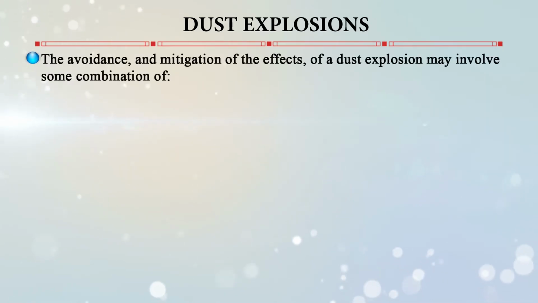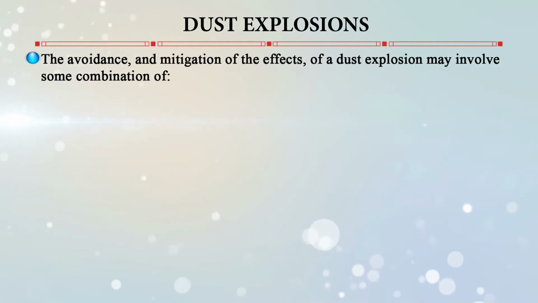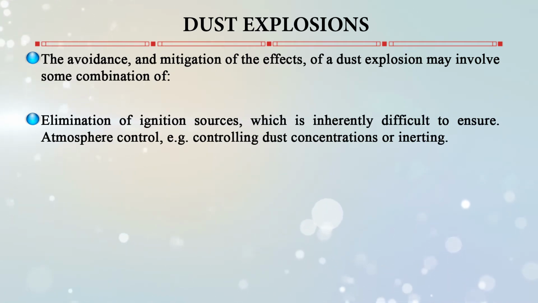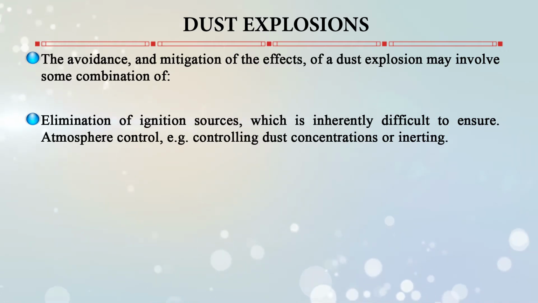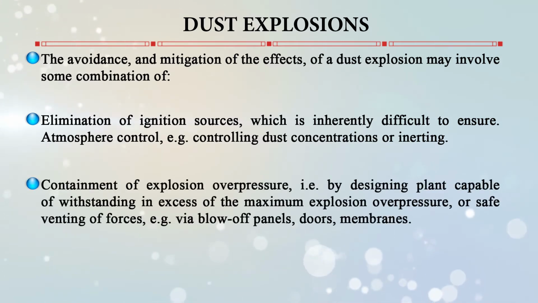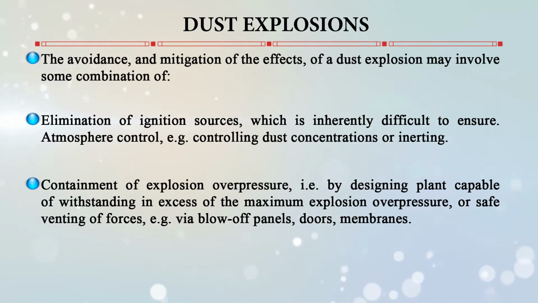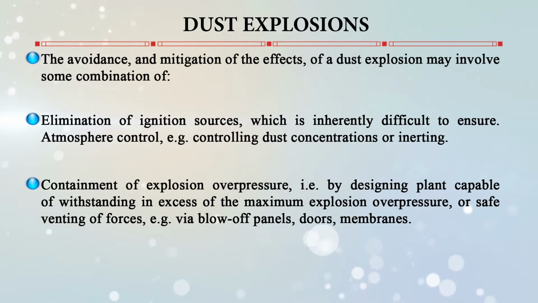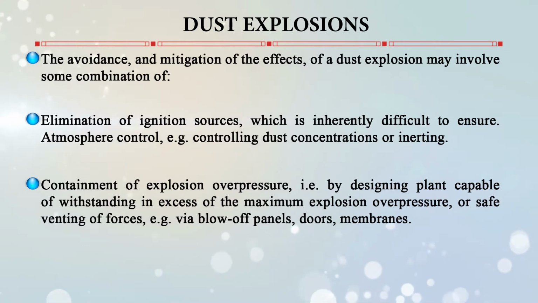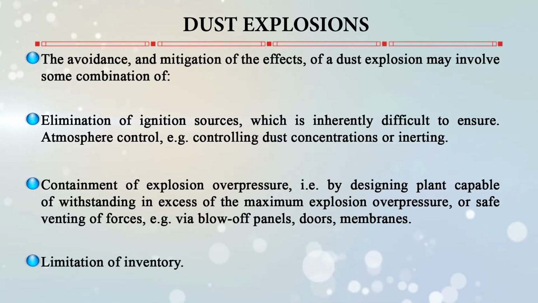For example, in dust explosions, the avoidance and mitigation of effects definitely involve some combination of the elimination of ignition sources, which is inherently very difficult to ensure, and then atmosphere control, like controlling dust concentrations or inerting the dust, and the containment of explosion overpressure, by designing plant capable of withstanding in excess of the maximum explosion overpressure, or safe venting of the forces through blow-off panels, doors or membranes, and limiting the inventory also.